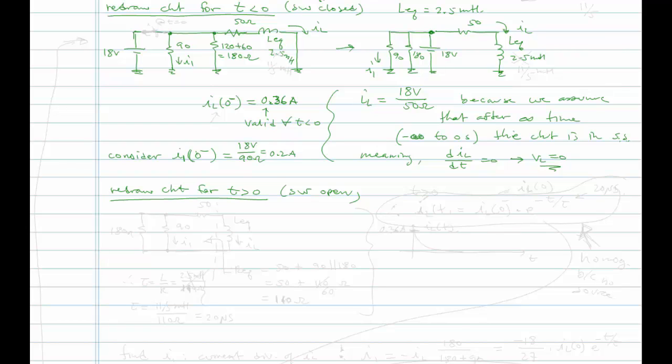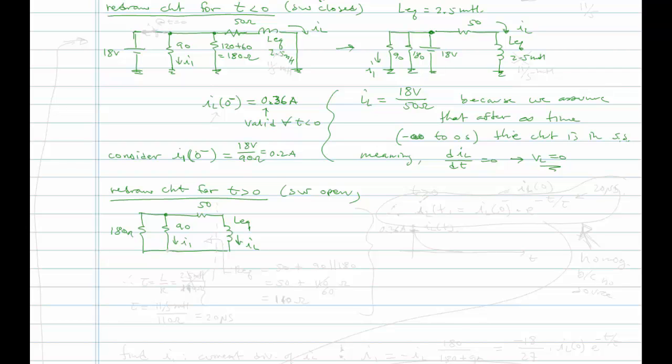So when the switch is opened, what we have is the 90 ohms to ground. We have the 120 plus 60 ohms, or 180 ohms, to ground. We have 50 ohms, and then we have our L EQ, and we have IL flowing this way.